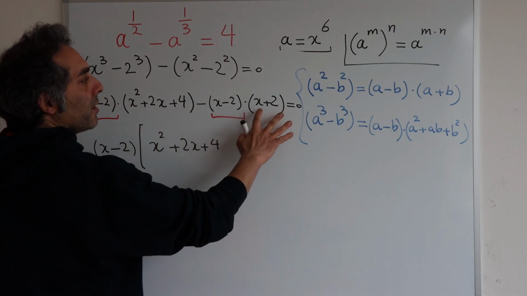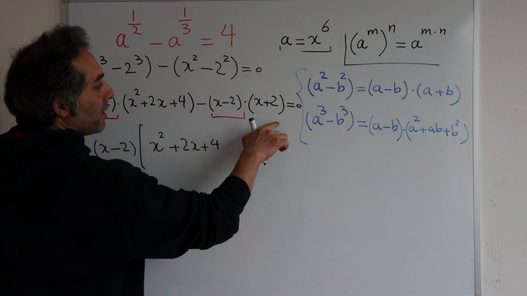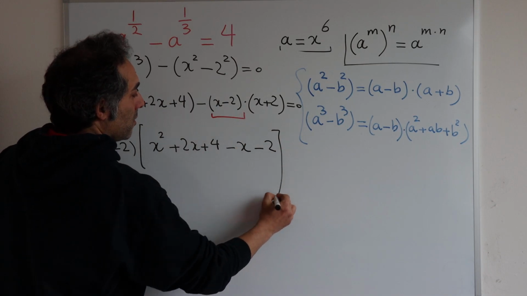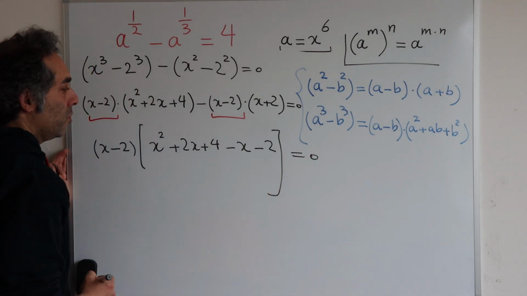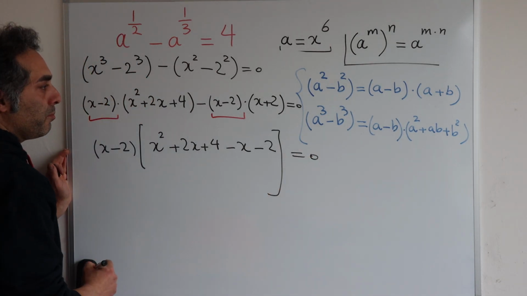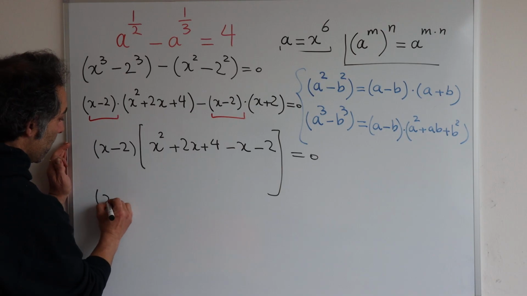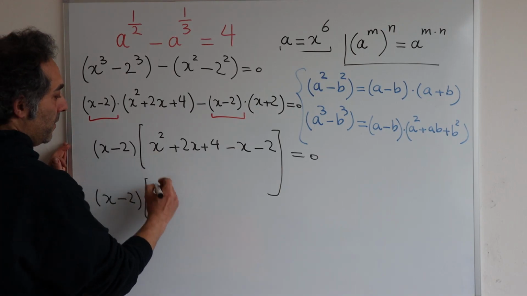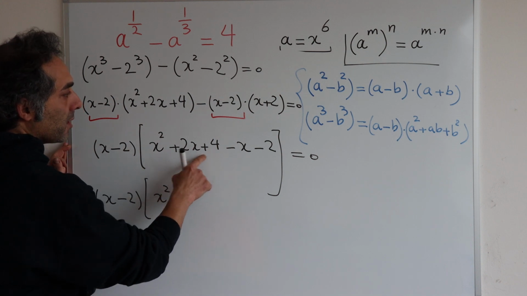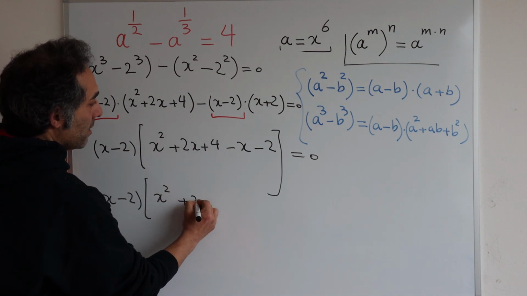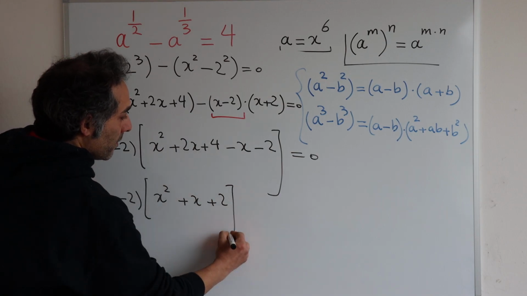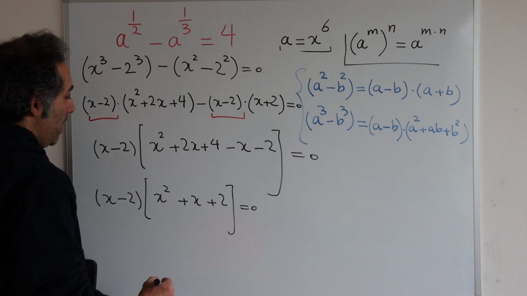And from this one, just x plus 2, minus x plus 2, so minus x minus 2 equals 0. By simplifying this equation, x times x is x squared, 2x minus x is x, and 4 minus 2 is 2, equals 0.